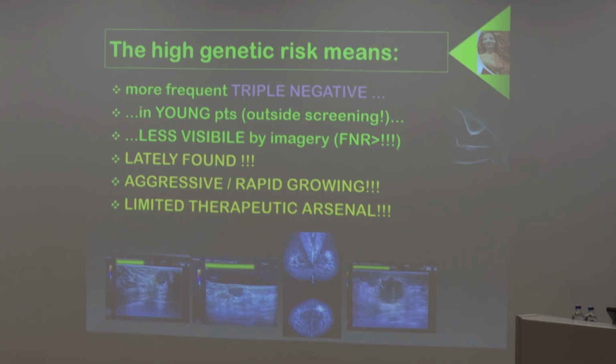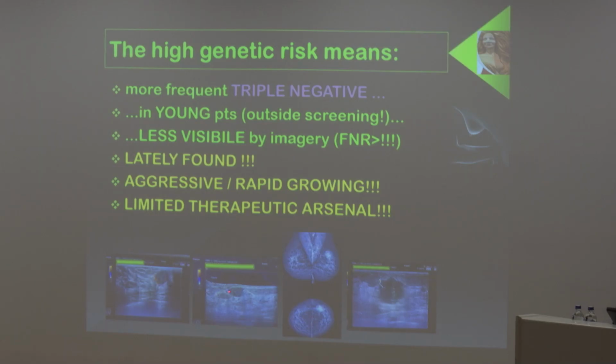It's important because if we are considering the BRCA patients, this is, as I told, much more frequently a triple negative tumor in younger patients outside the screening. This is less visible, and you have some examples. Here it may look like a fibroadenoma, even with a vessel that is marginal.